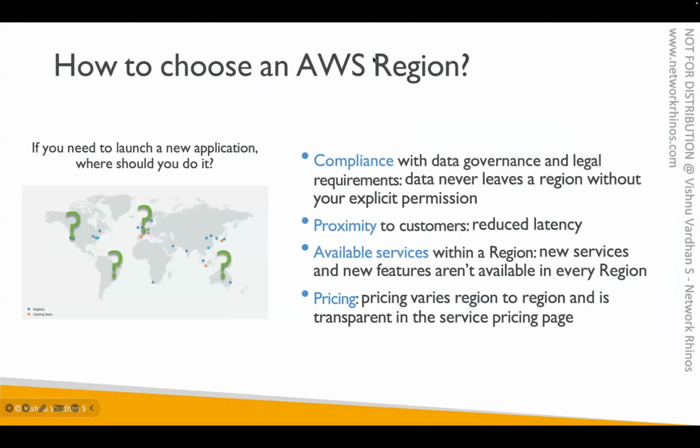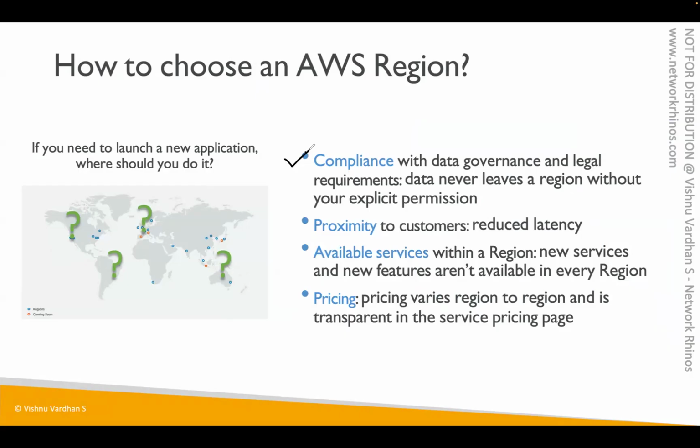Now, how do I choose an AWS region? See, there are multiple different ways you can choose an AWS region. One of the main things which we see is compliance. It's data governance and legal requirements, meaning data never leaves a region without your explicit permission. Imagine you are developing a website where you're going to collect Aadhaar card information of all the citizens of India.